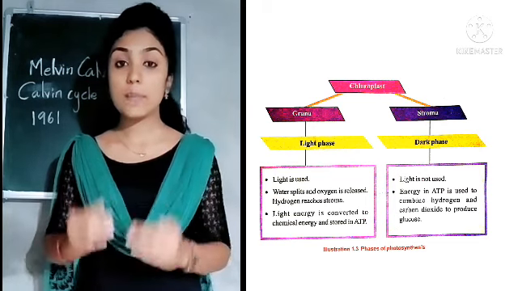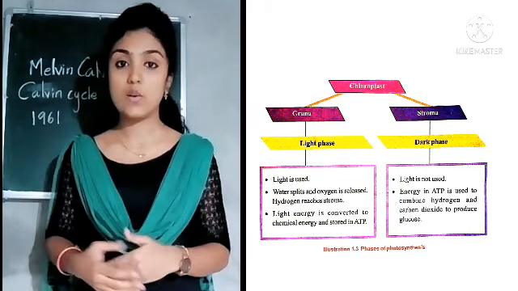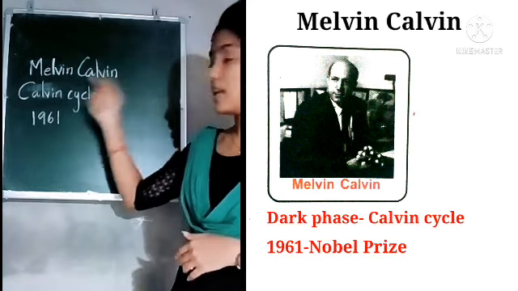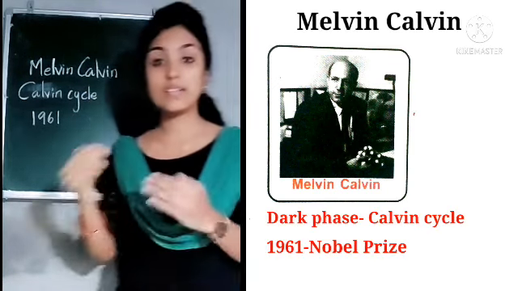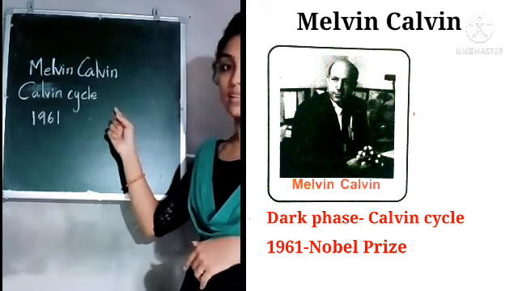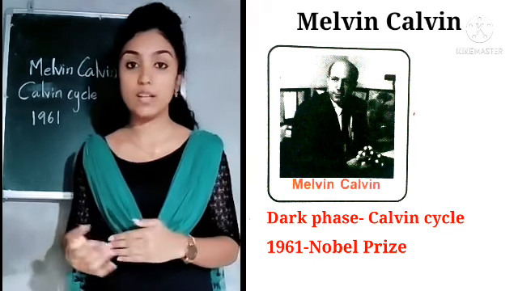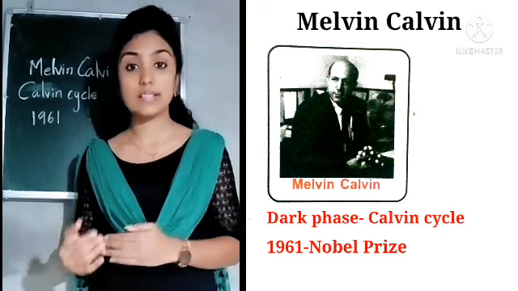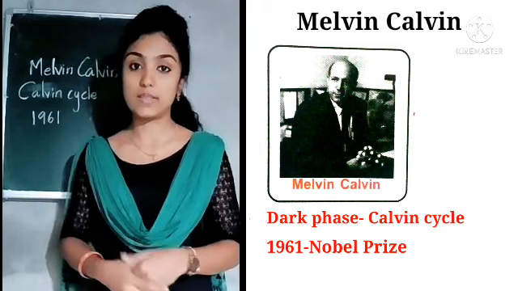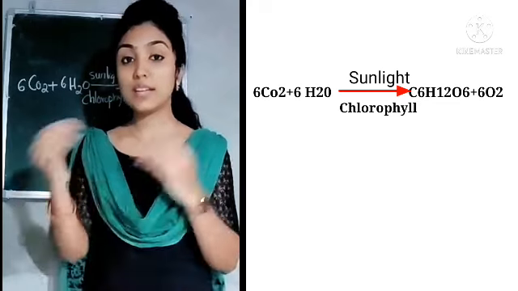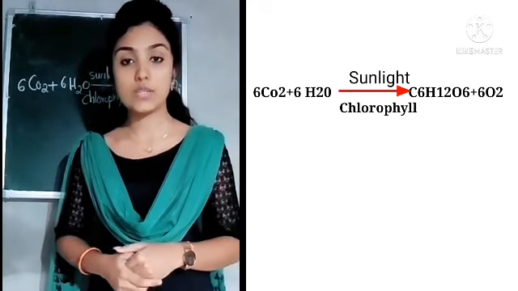So now we understood all the details about the light phase and dark phase and also the entire process of photosynthesis. The cyclic chemical reactions of the dark phase were discovered by a scientist named Melvin Calvin. So later this dark phase came to be known as the Calvin cycle. And in 1961, Melvin Calvin got a Nobel Prize for his discovery about the dark phase. Now we shall try to write the chemical formula of the entire chemical reactions in photosynthesis.